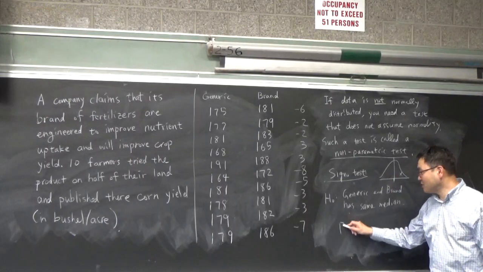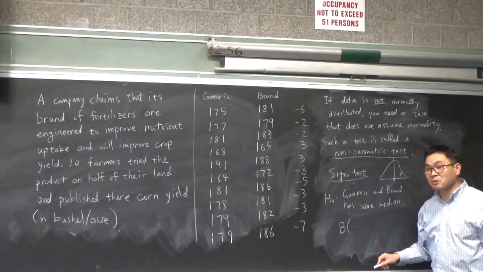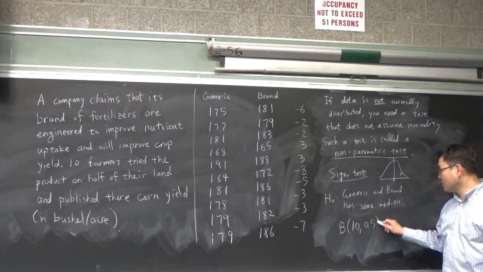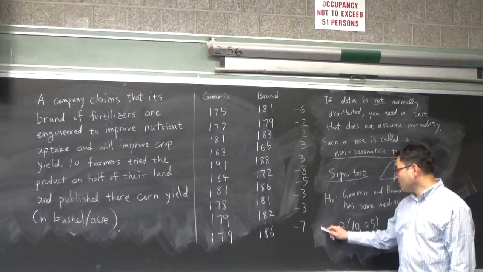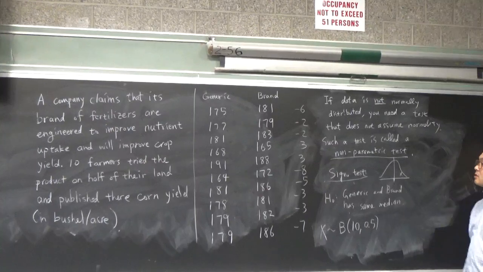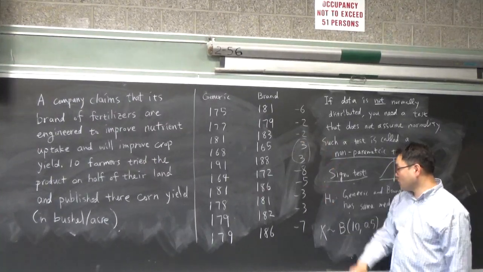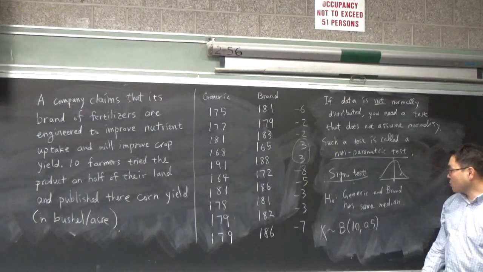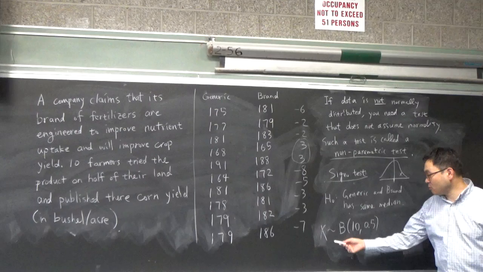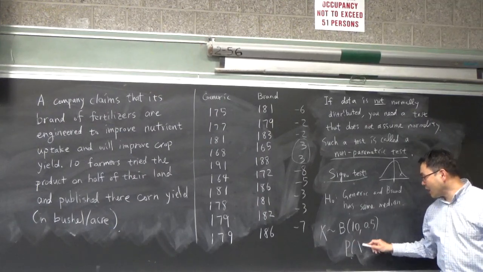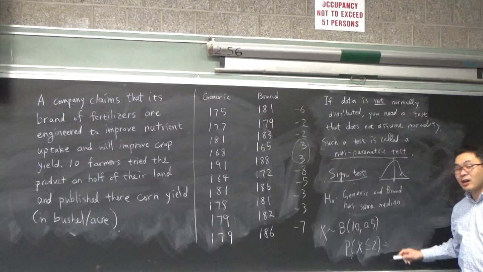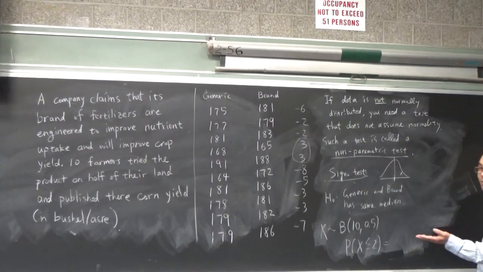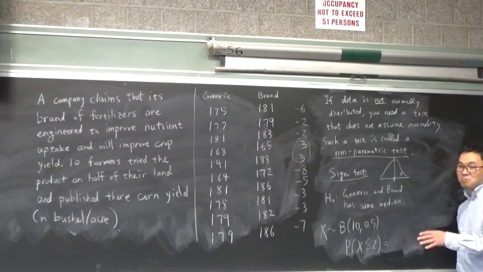It's binomial. Binomial probability with 10 trials, and probability is 0.5, right? So let's say X is the number of positive coin flips. What we are trying to show is, if this is true, what's the probability that X will be 2 or less? Highly unlikely, right? Because you would expect about 5. If you get 4 positives or 6 positives, yeah, that could happen.